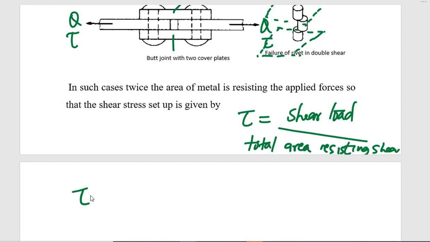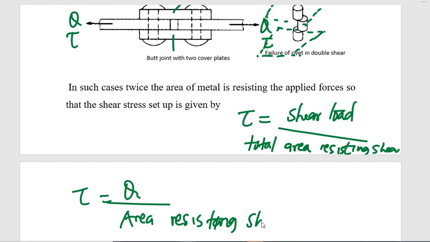So we are saying it is equal to the shear load Q divided by the area resisting shear.